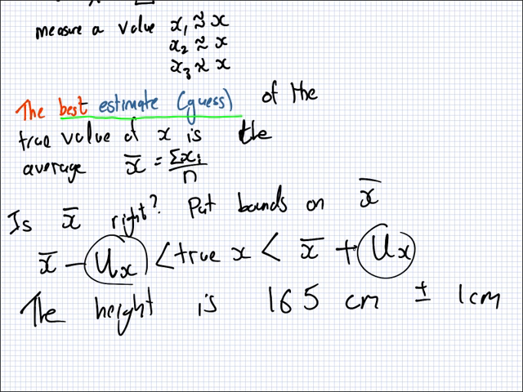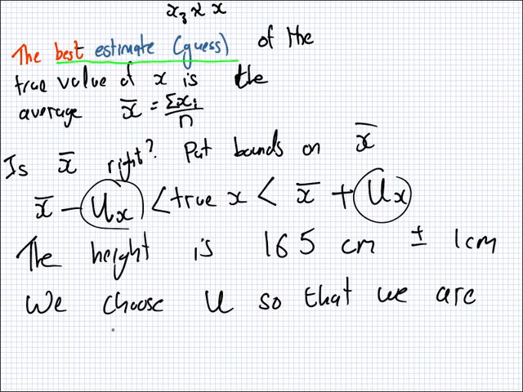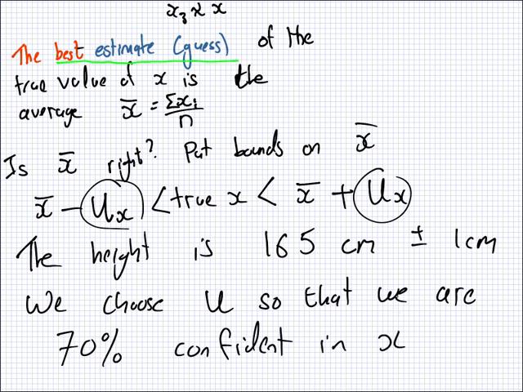Okay? So for physics, for this class, our definition is we choose U so that we are 70% confident in x. So what I mean is, when I say the height is 165 plus or minus 1 centimeter, you say, how sure are you? And I say, I am 70% sure.